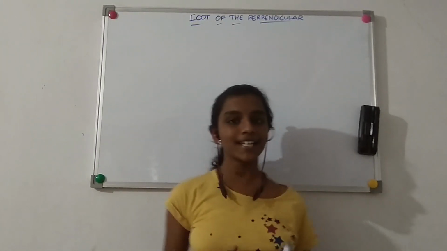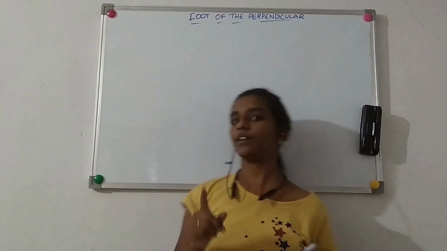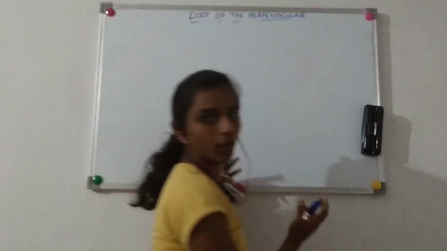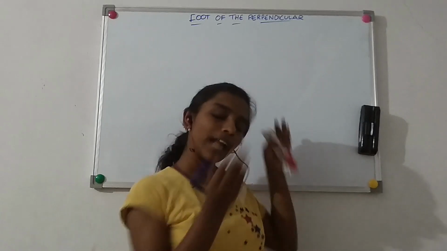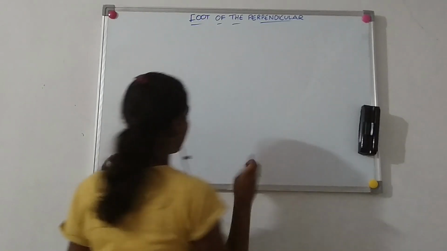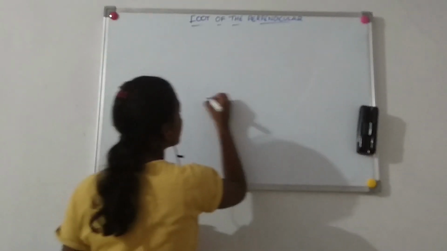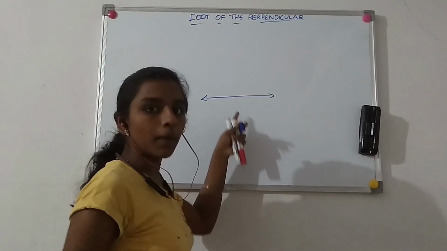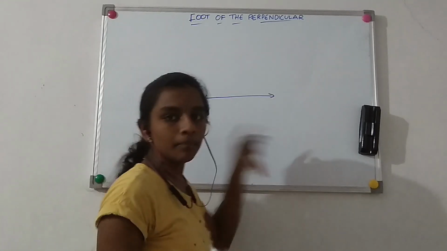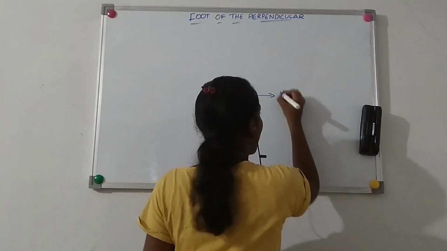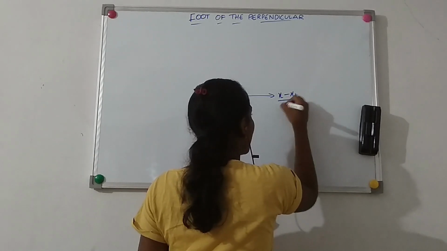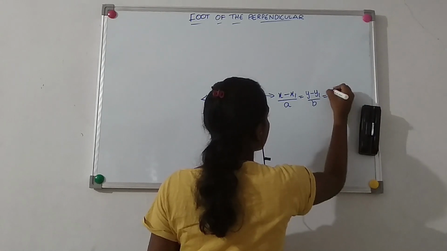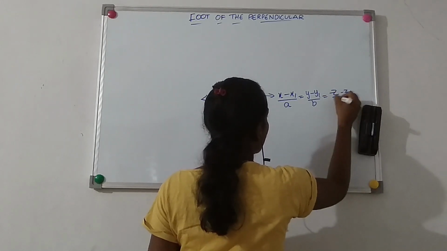So guys, now let us look how to find the foot of the perpendicular of a point on a line, okay? So now let us represent that on a board, okay? You should imagine, and I'll also put it on the board, okay? So how to do that? If this is a line required, let that line be, I'll take the general form of the line, that is x minus x1 by a equals to y minus y1 by b equals to z minus z1 by c.